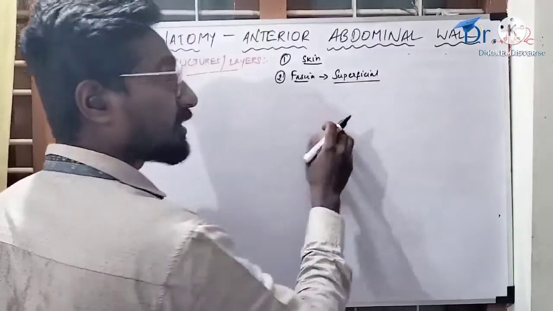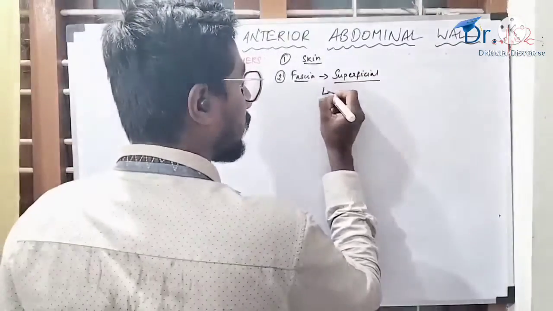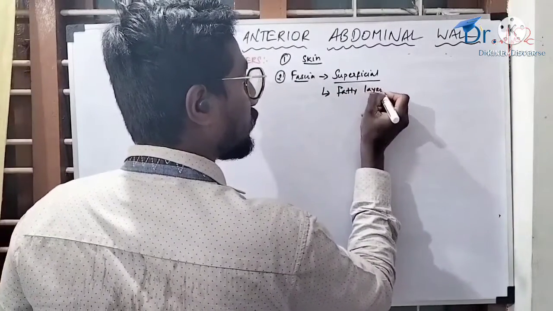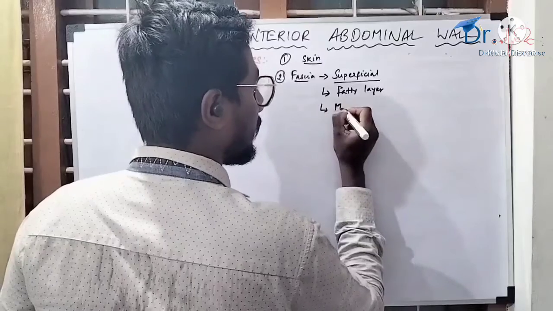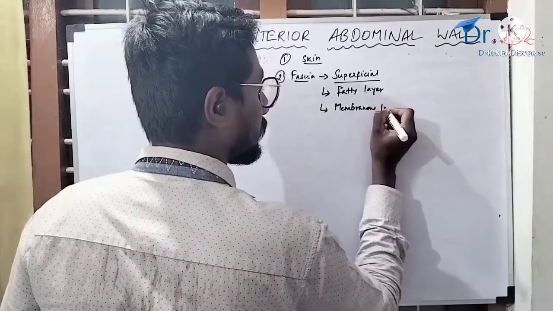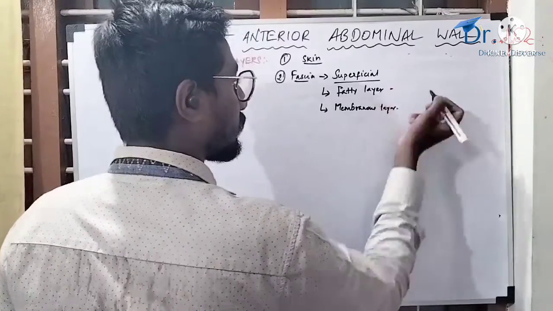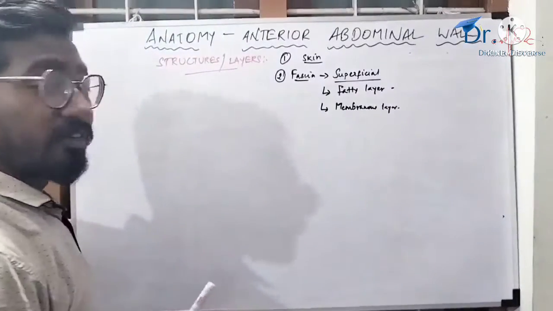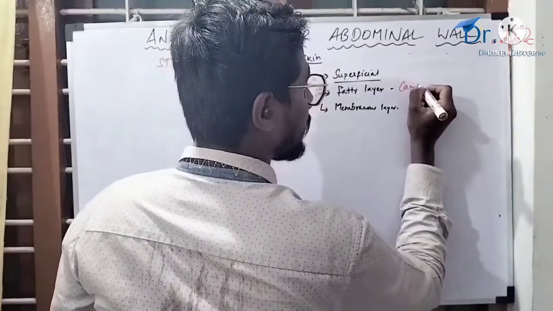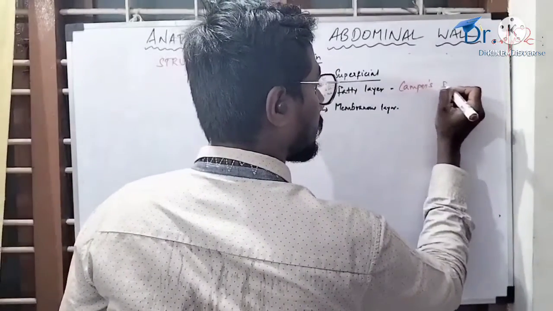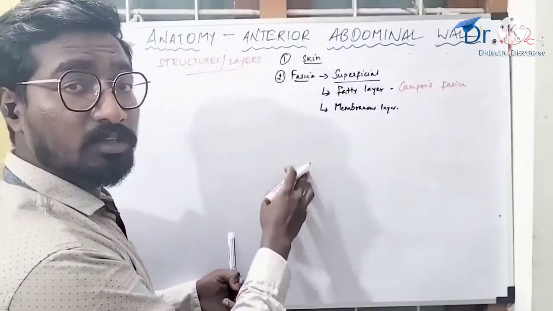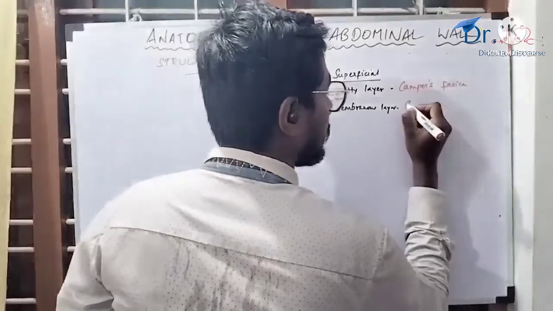The superficial fascia has two layers: a fatty layer, and then a membranous layer. The fatty layer is called Camper's fascia, and the membranous layer is called Scarpa's fascia.